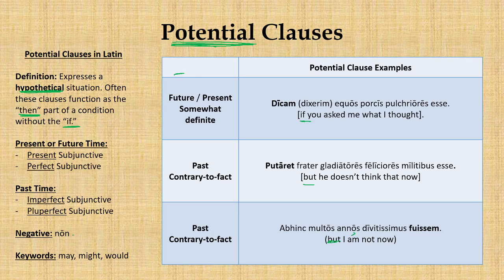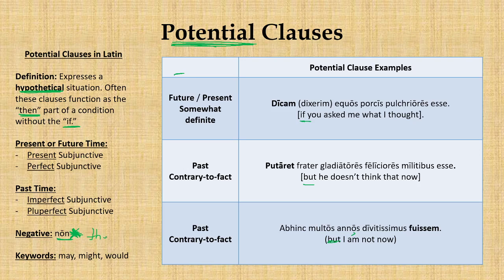The first thing to note is that even though we're dealing with a subjunctive here, like I said before, nē is typically the way of negating a subjunctive, but these potential clauses are an exception to this rule. Our negative particle is nōn, and this has to do with it being the then part.